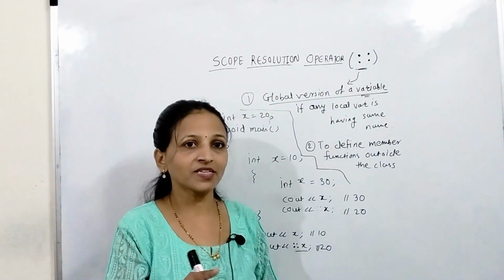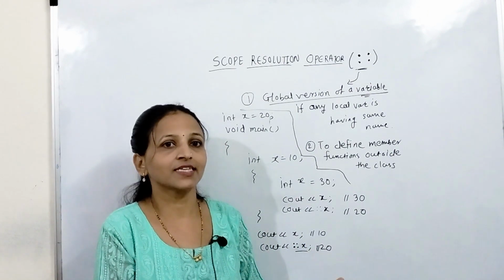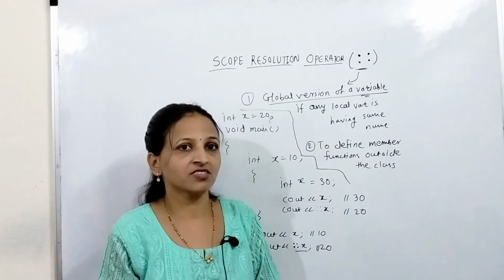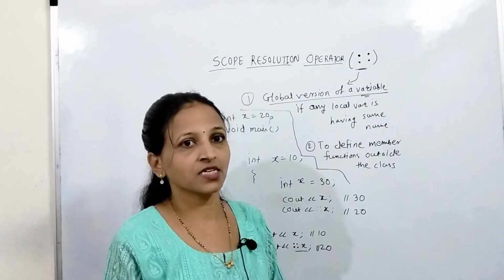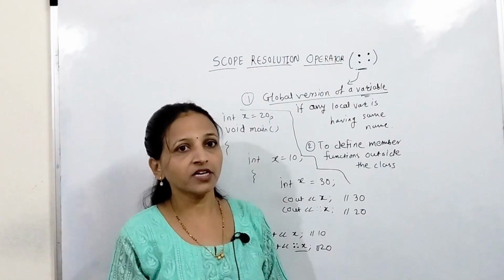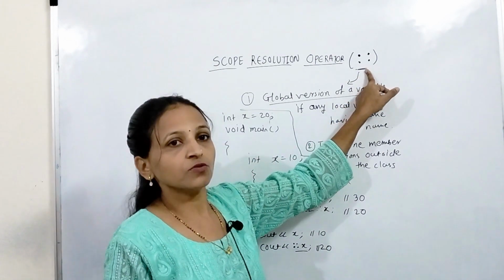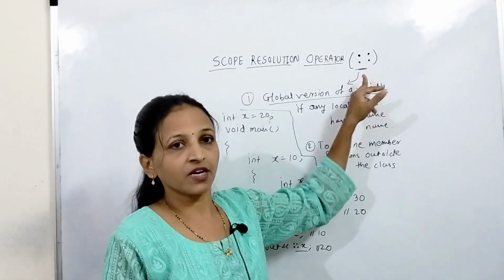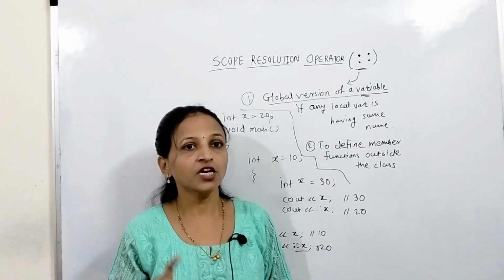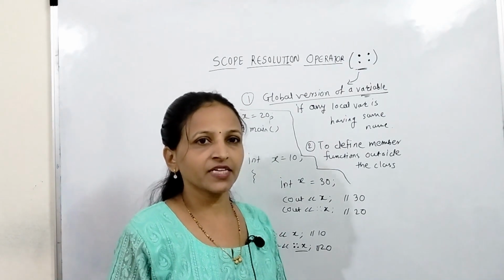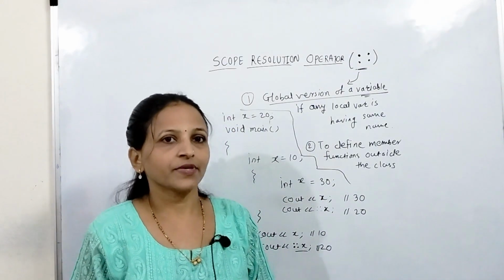We have to declare those member functions inside the class, and whatever definitions we write outside the class is allowed, but for defining those member functions outside the class, we have to use this scope resolution operator. How to do that, I am going to explain while explaining the class concept.